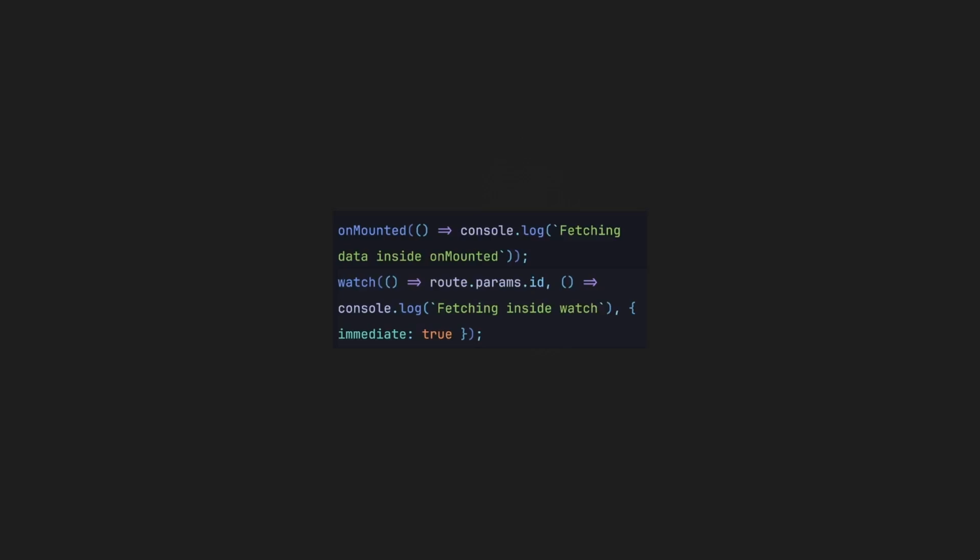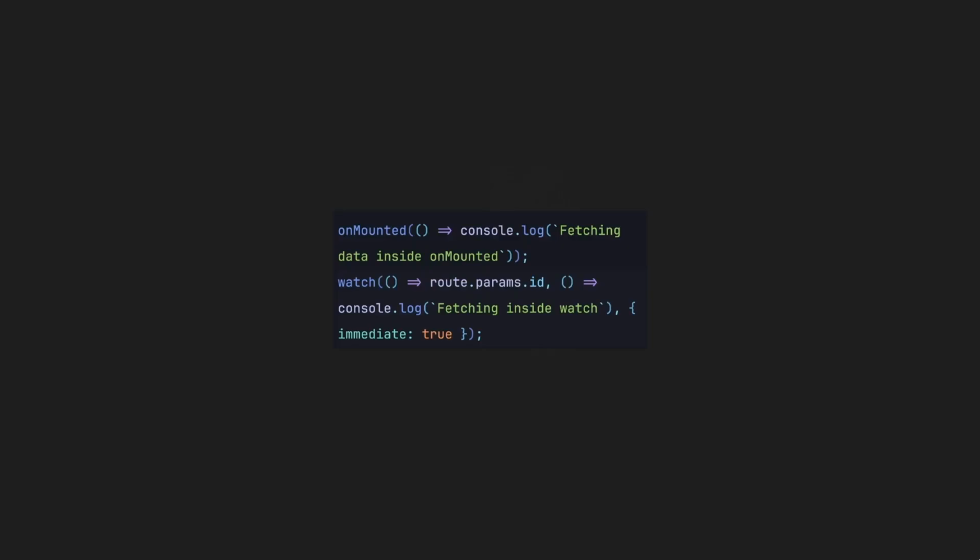Now, before we wrap this entire section up, a word of wisdom for you. So we know our on-mounted hook from Vue, we use this because it runs at the start of any page. So when a component gets built, this on-mounted runs. So logically, we might think that in this on-mounted is where we should call future calls. So API calls, calls to server, calls to local storage.